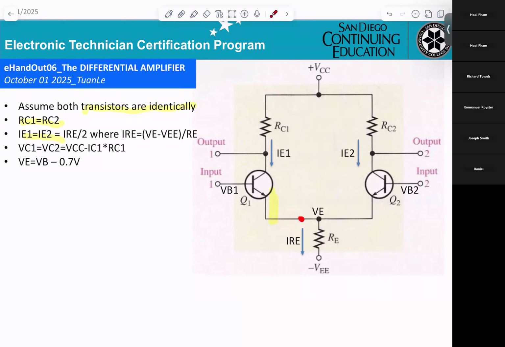This goes here, this goes here, same thing. And VC1 equals VC2, equal to VCC minus IC1 times RC1, and VE equals VB minus 0.7. That's normal.